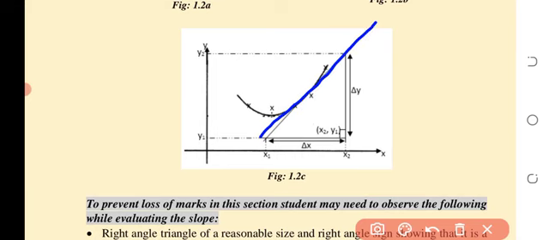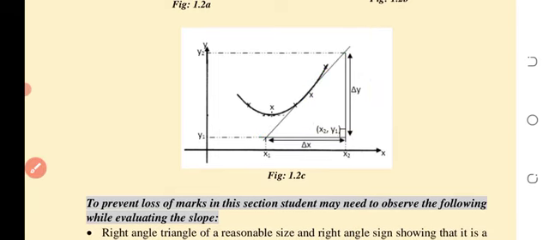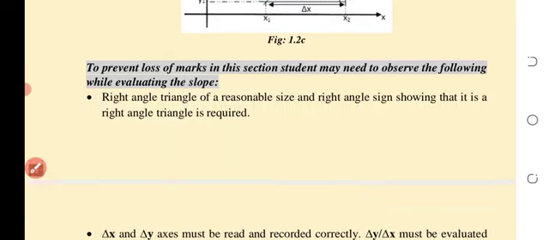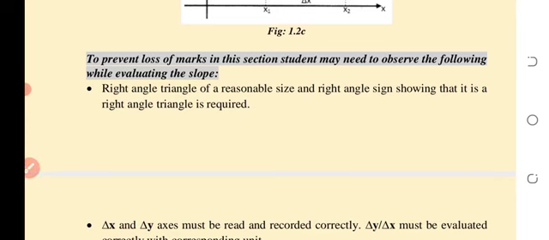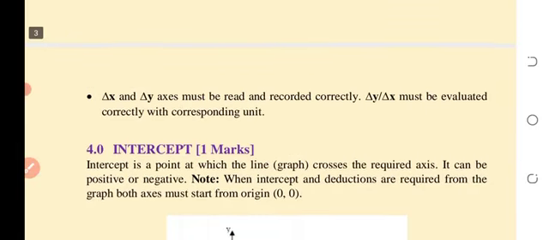And on that line, draw your right angle triangle and follow the same procedure as you did for a straight line graph, and you will have the value of your slope. So to avoid the loss of marks, make sure your right angle triangle is of reasonable size and the right angle sign is shown there, and also read and record the values of change in vertical and horizontal axis correctly.